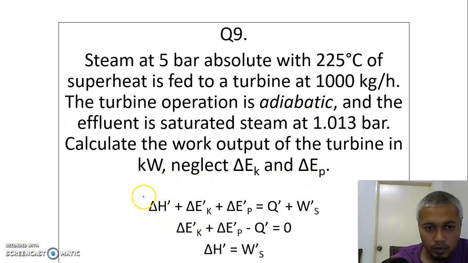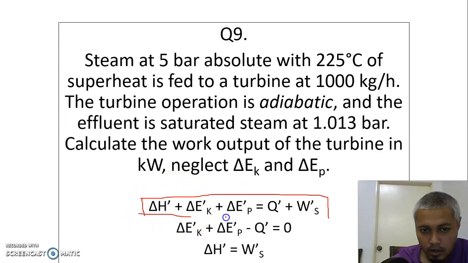We can neglect delta EK and delta EP. In the energy balance for an open system, we have this equation. Delta EK, delta EP and Q are 0 from the question given. So we have delta H equals WS.